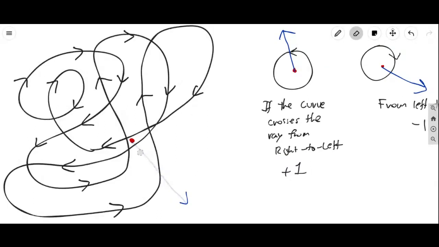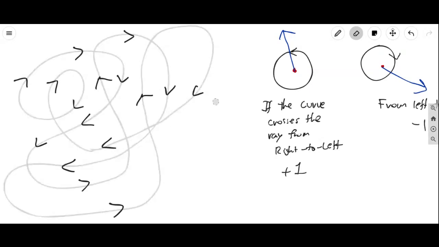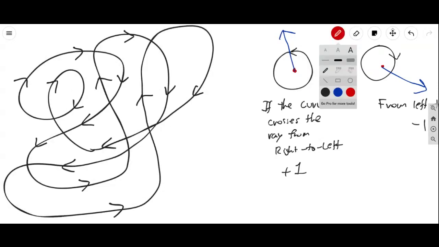That's +1. So -1 and +1, that's going to be 0. Okay, so that's the way you can figure it out. So the winding number at that point, at the origin, is going to be 0.